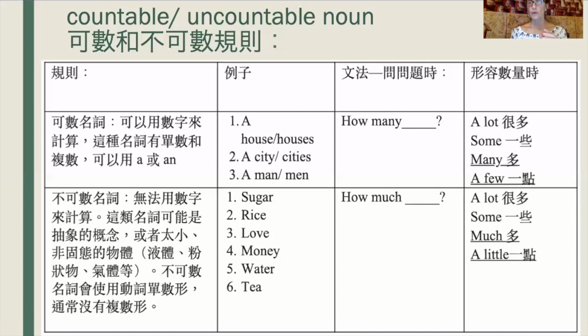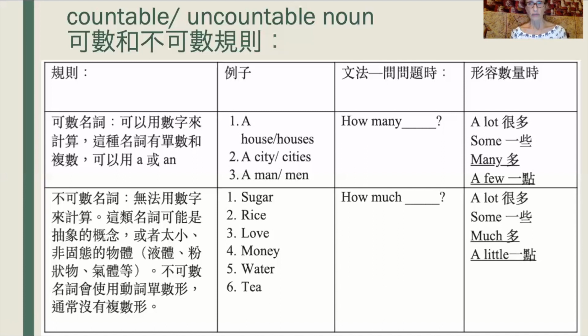Very, very small things that you don't really, when you want to eat rice, you don't ask for a grain of rice. When you measure rice, it's not by numbers of grains, it's a quantity, a liter, or a bowl, or a bag. You use something else to measure it.